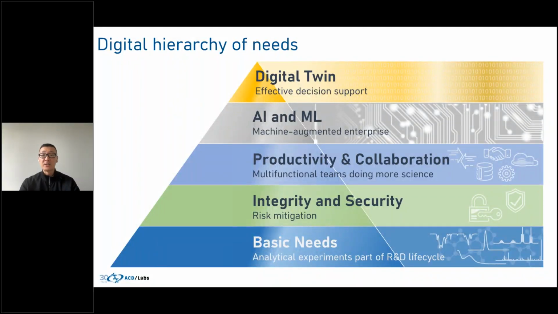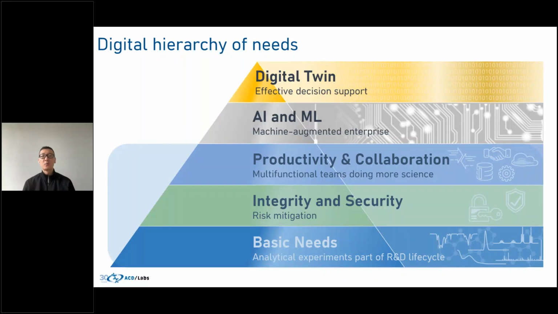You have the next layer up, which is integrity and security. Being able to store that data with full audit trails, having the data consumers have access to that data within that database, and then the productivity and collaboration layer. Again, that is being able to have automation services, being able to automate a lot of the back-end processes to increase efficiency, as well as the data assembly, so that you can push that data downstream for AI and ML frameworks.